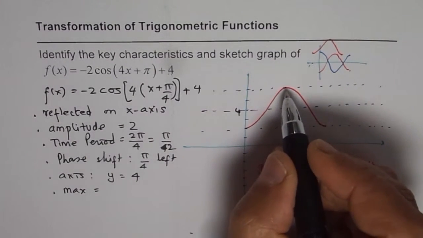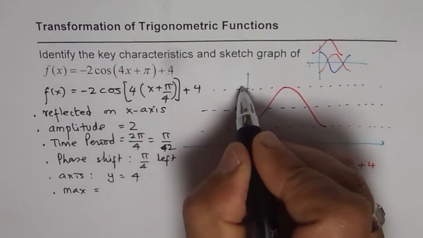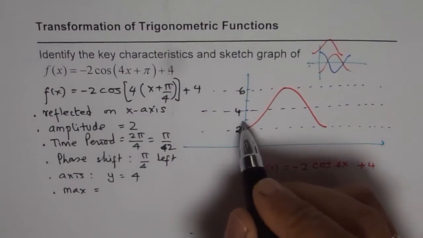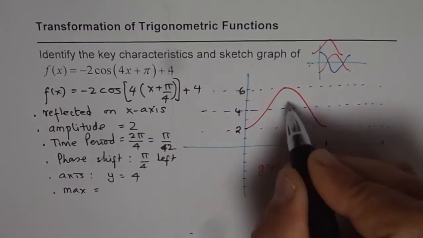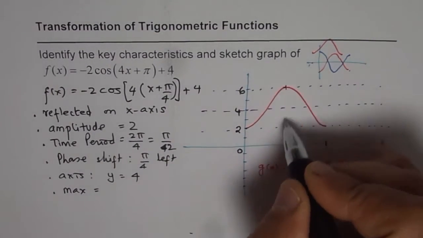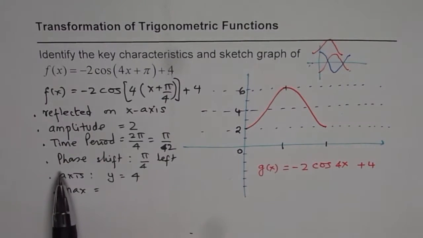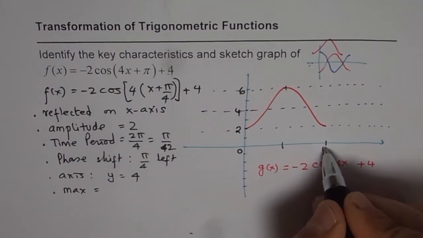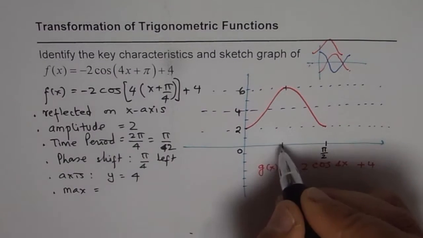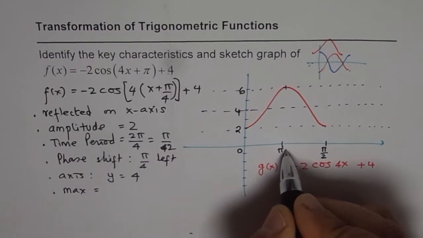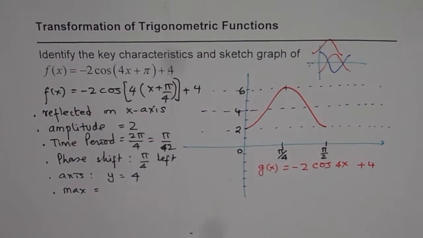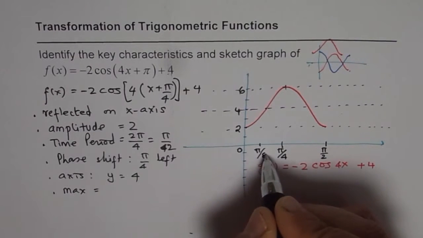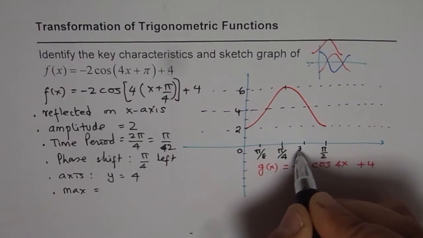Now the maximum is 2 up and the minimum is 2 down, and the wave period will be how much? As we know that the time period is pi by 2, so this whole cycle gets completed in pi by 2. Half of that is going to be pi by 4. Do you see that? And these points are going to be at pi by 8. This will be at 3 pi by 8.